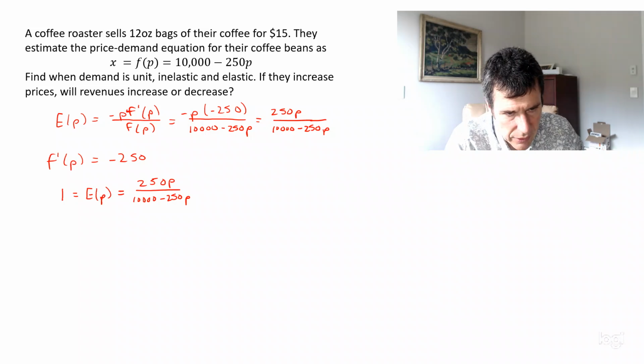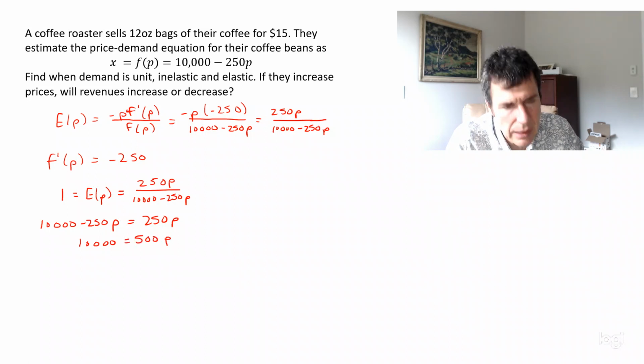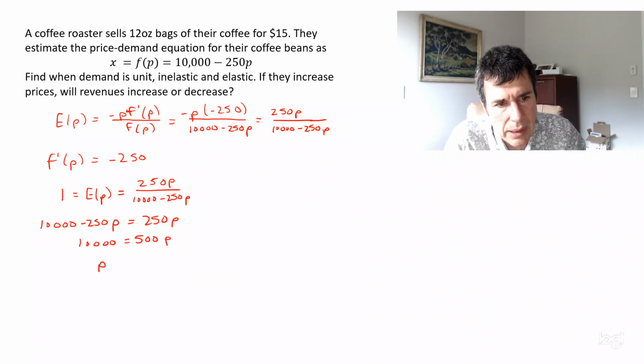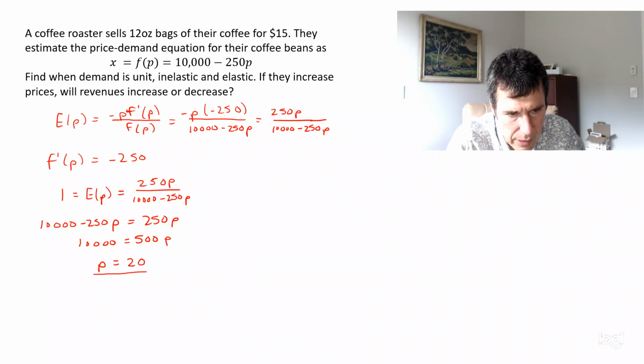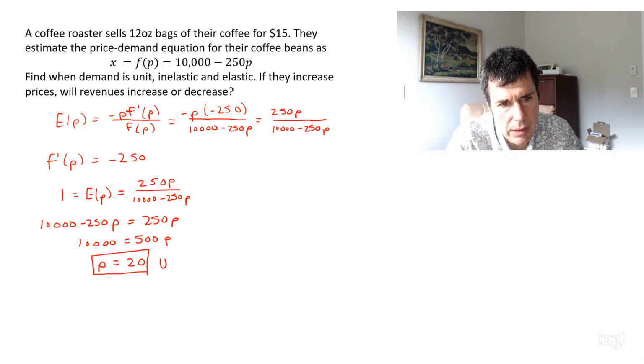We solve this, multiply both sides by 10,000 minus 250P. That's equal to 250P, which means 10,000 equals 500P. And so P equals 10,000 divided by 500, which is 20. So we have unit demand when P equals 20.